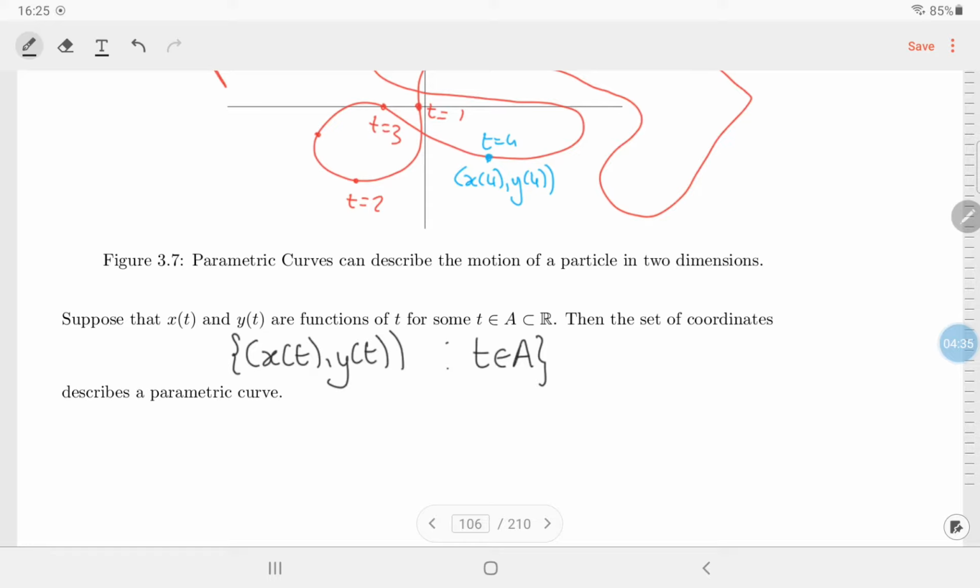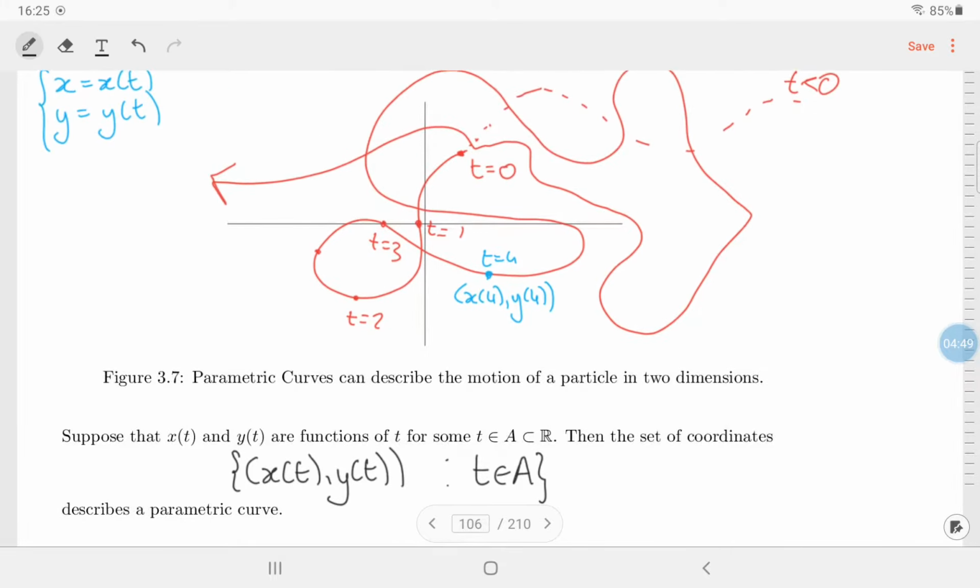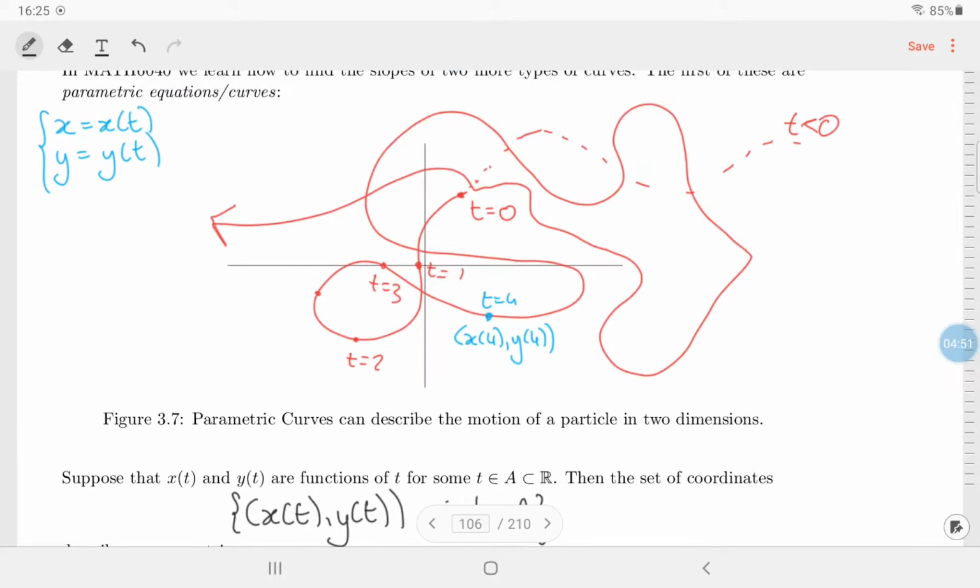That's just a collection of points. x and y are functions of t. Put in different inputs to x and y, you get different points. These are what are called parametric curves, and you can come back on yourself. That's no problem.